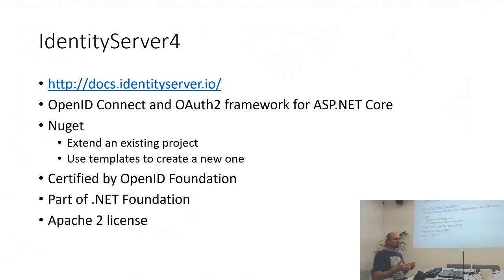But if you don't want to use an external provider like Google or Microsoft Azure for some reason, you need to do something special. For example, you already have your own users or your own database. You can use Identity Server. It's a NuGet which you add to your project, or you create a new one. It's open source. It's certified by the OpenID Foundation. The OpenID Foundation are the people behind OpenID Connect, and they have a certification process to make sure that if someone claims they implement OpenID Connect, it's true.